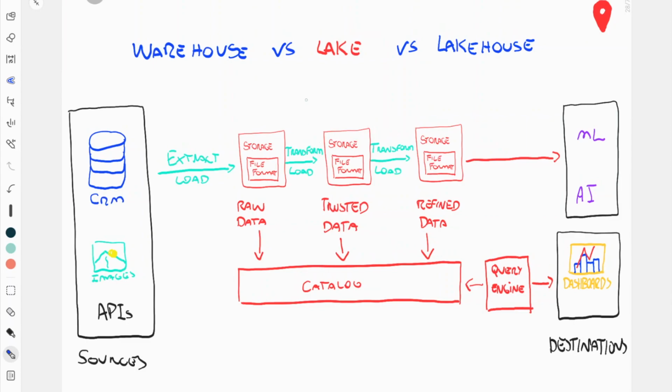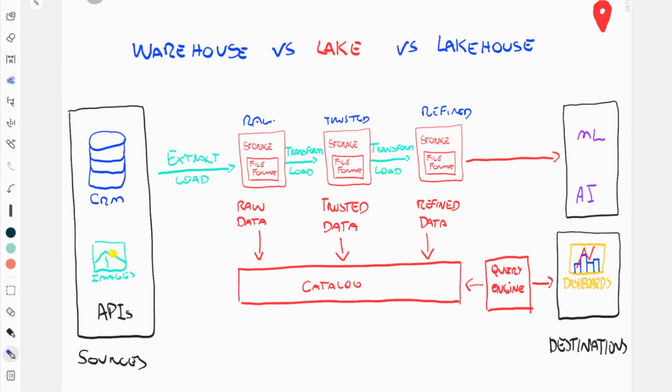And you have storage for many layers, usually bronze, silver, and gold, or raw. I'm going to put this one, trusted, and refined. Sorry for my writing, but you have storage, and inside storage you usually have file formats.